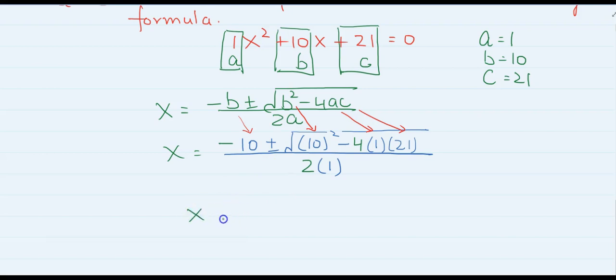So x will be negative 10 plus minus. First you try to solve whatever is in the bracket. 10 square is 100 minus 21 times 4 is 4 times 1 is 4 and 8, 84, 100 minus 84 over 2.